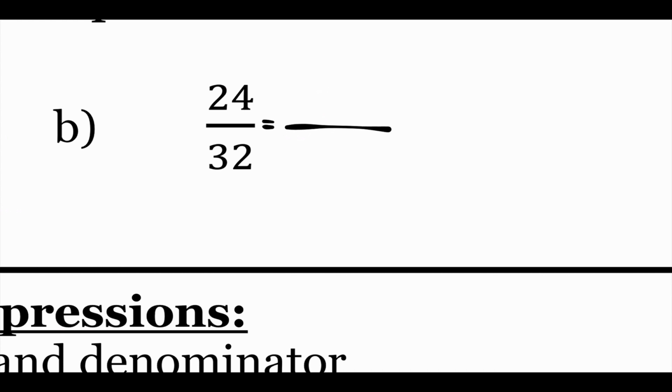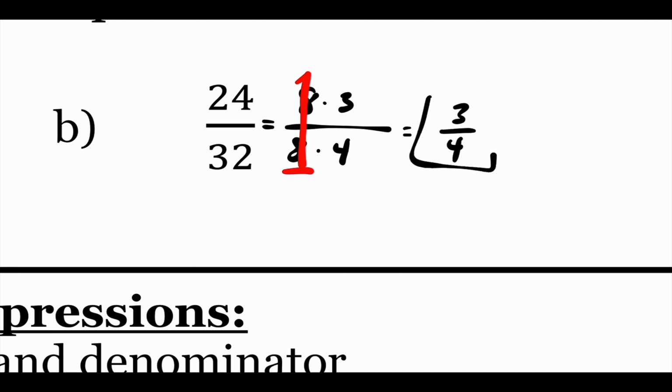That goes into both 24 and 32. 4 goes in, but I think a bigger number. I think 8's the biggest. So this number is 8 times 3 and 8 times 4, right? 8 divided by 8 makes 1. You get 3/4. So 3 times 1 and 4 times 1. That's all we're doing today.